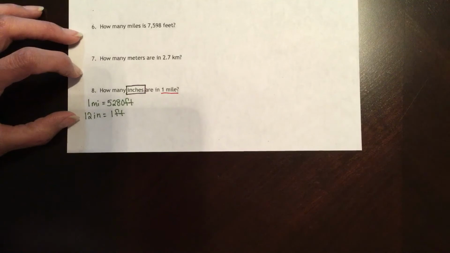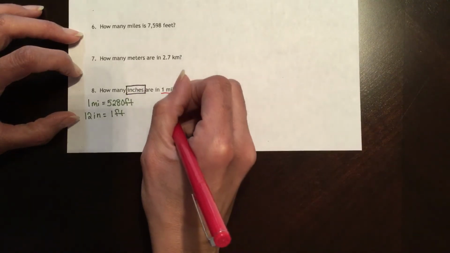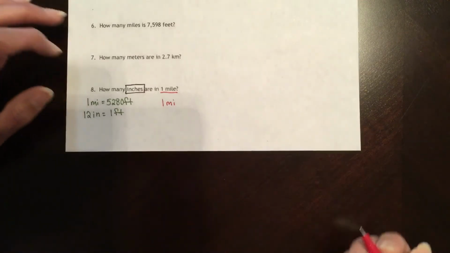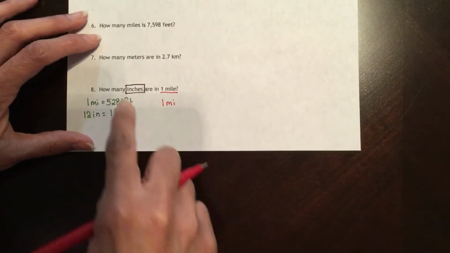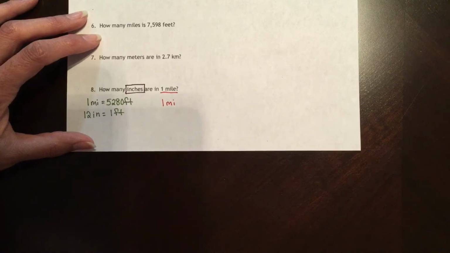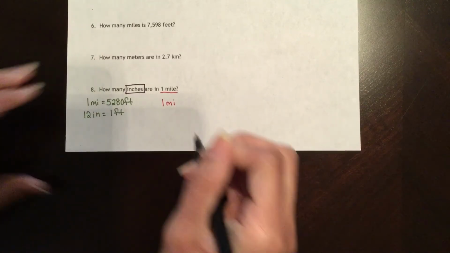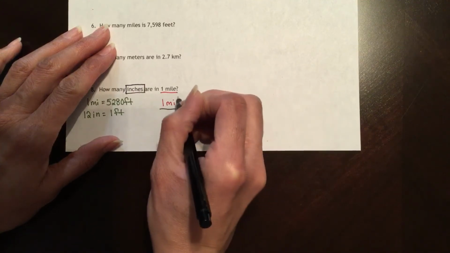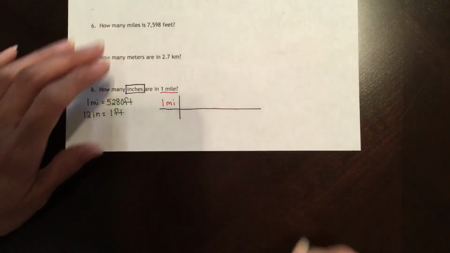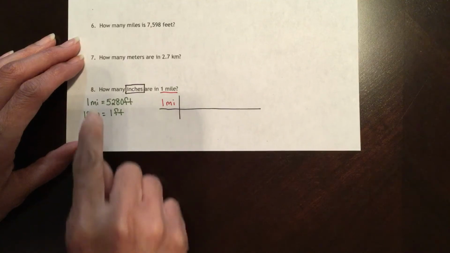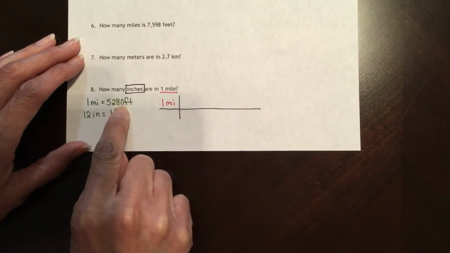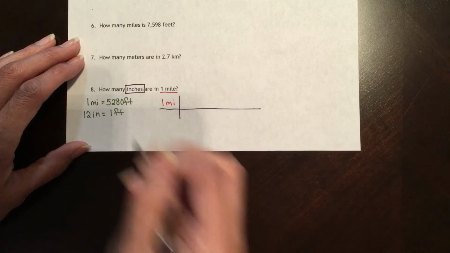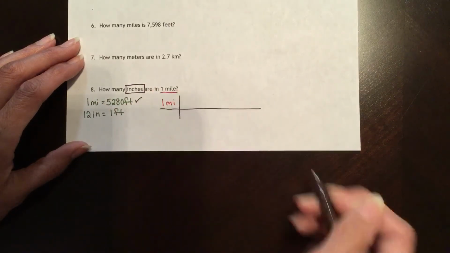So I'm going to start off with 1 mile. Now, in this case, I'm going to have 3 steps to this one. So I want to make it long enough so I can do that. The first one I want to do is use the one that has miles so I can get rid of my miles. So I'm going to start off with this one.